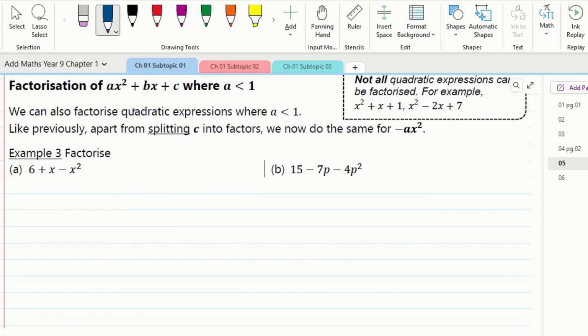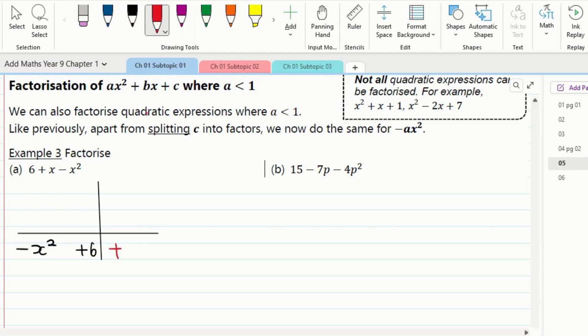Okay, there are actually many forms of answer for this one, but you can actually do the same thing as you have done previously. So for example, if you encounter 6 plus x minus x squared, you can actually try to apply the cross method straight away, but you will put in negative x squared first as the first term, and then the constant term is going to be plus 6, so you can put it down here, and your aim is to get positive x.